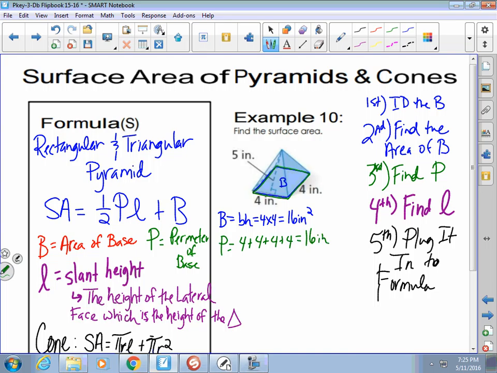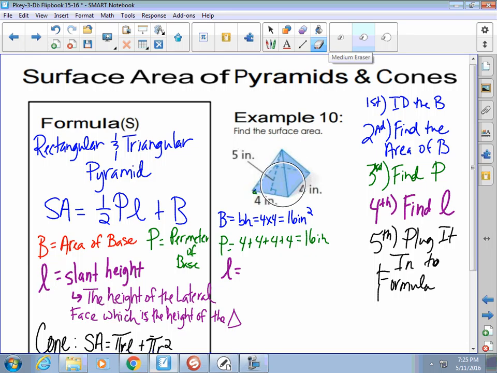And then after finding our P, we're going to need to identify and find the L. Your L is your slant height. That represents slant height. It's the height that's slanted, or the height in the triangle. So let me show some stuff here.